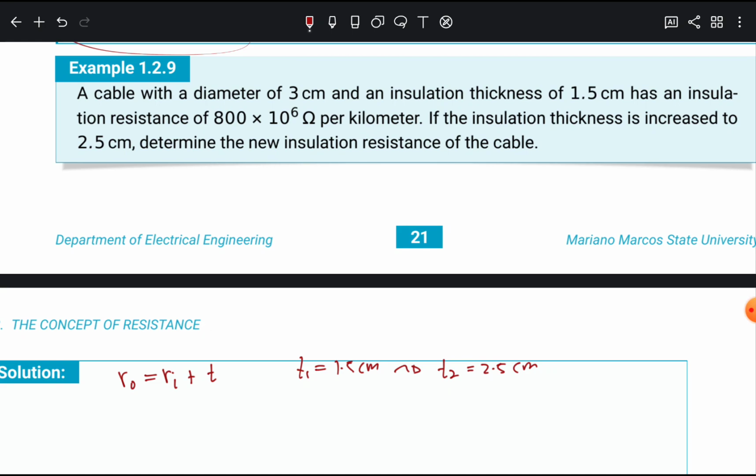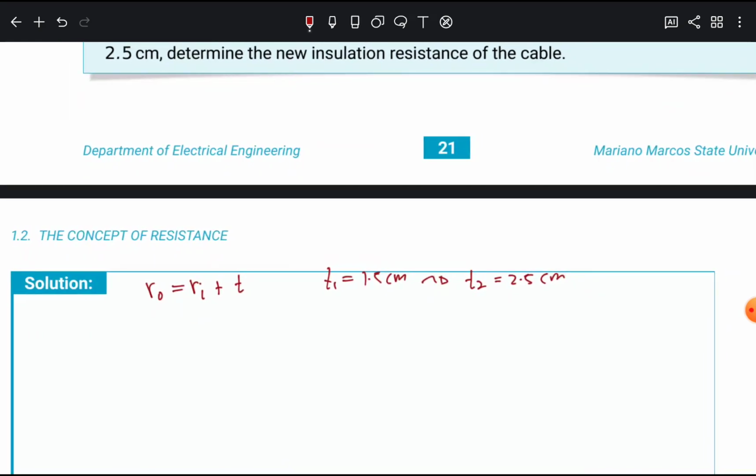What will happen to the resistance of the insulation? So we're just like telling we increase the length of our resistance here. So we can understand that the resistance will also be increasing because we know that length is proportional to the resistance.